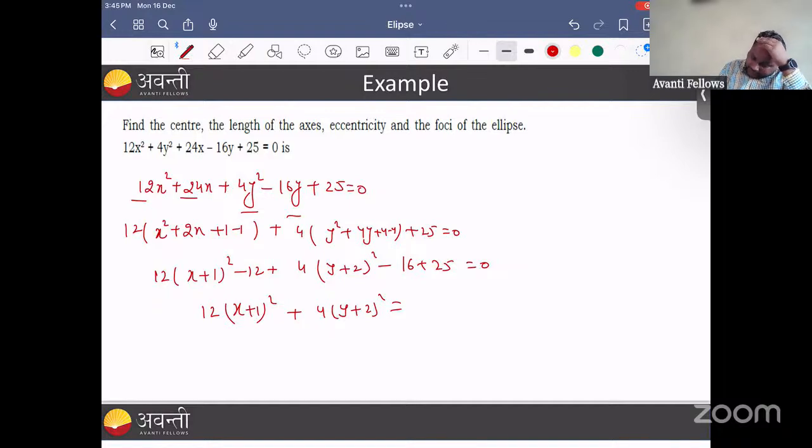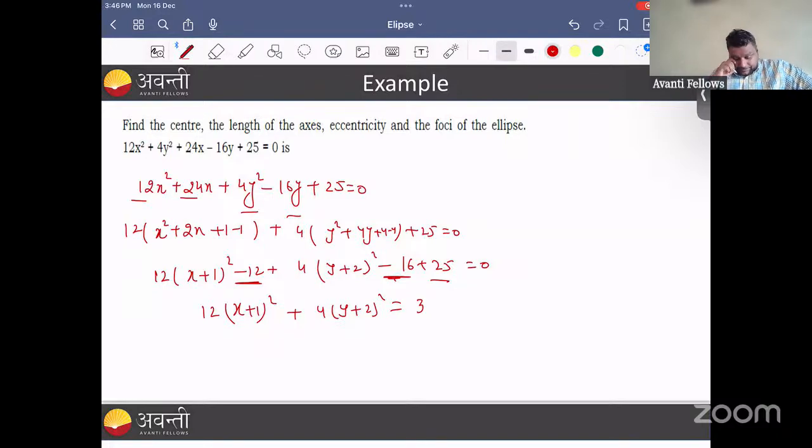Y square plus 4y plus 4 minus 16. So 25 minus 16 minus 12. Minus 12 minus 16 and plus 25. So 16 plus 12, 28 minus, so it will be 3.